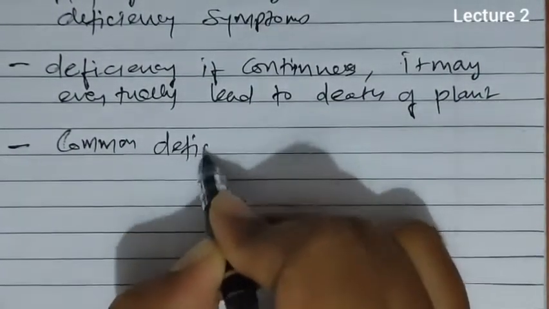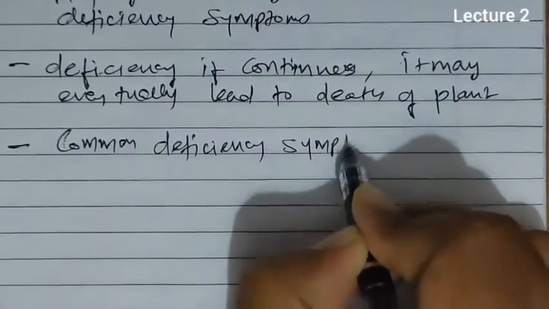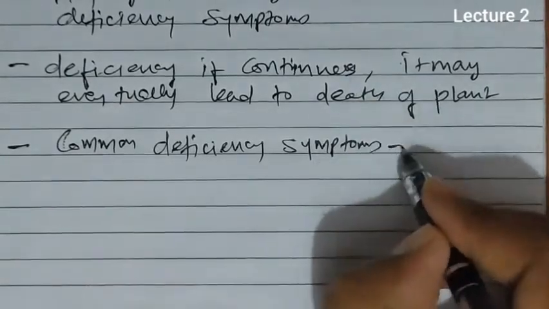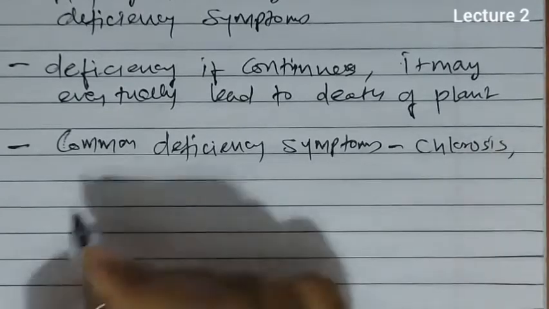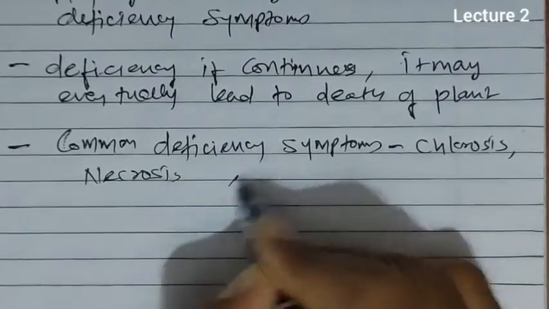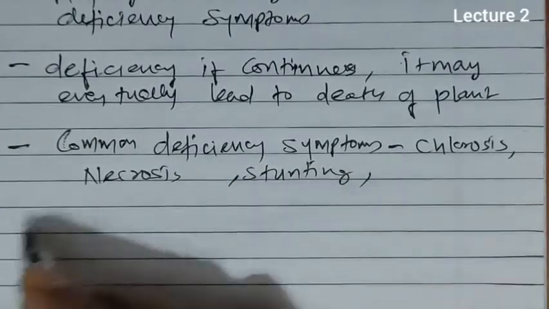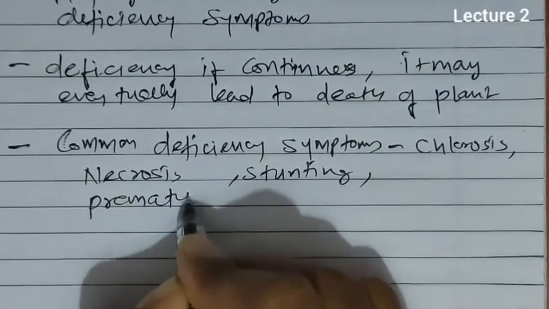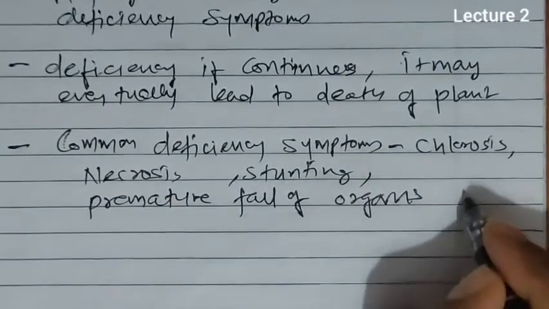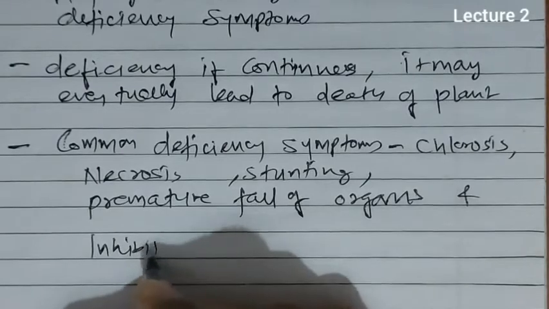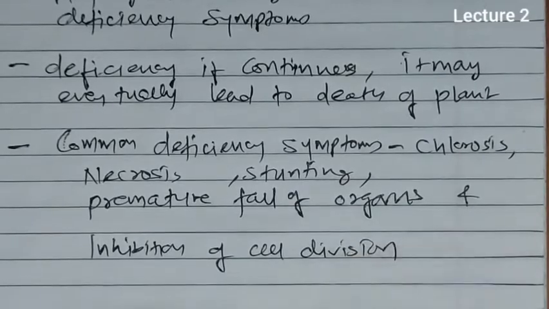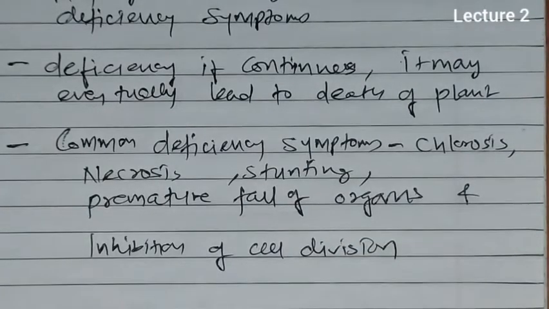Common deficiency symptoms include chlorosis, then necrosis, stunting, premature fall of organs, and inhibition of cell division. So these are some of the common symptoms.